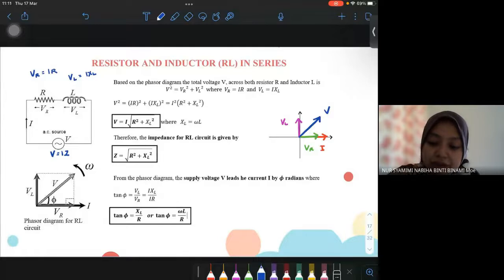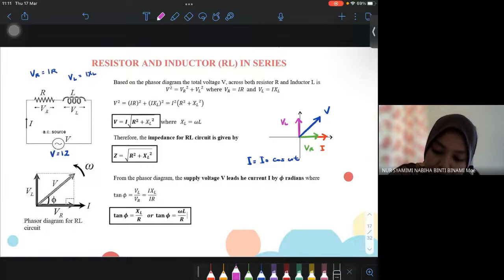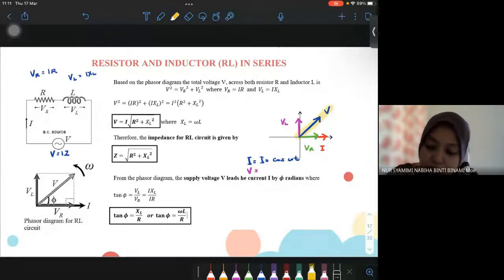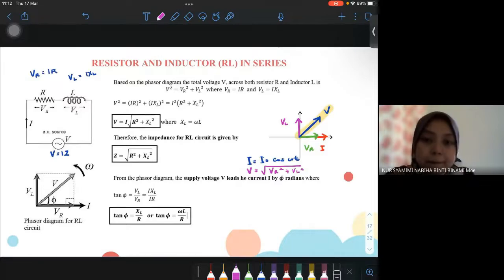To find V, we know that kalau I is equals to I naught sin omega t, sebab dia positive sine, V akan jadi, dia bukan V naught sin omega t dah sebab V kita berada di sini. This is my V. So untuk dapatkan V, dia ialah resultant antara VR dan VL. We know that we can find by using VR square plus VL square.